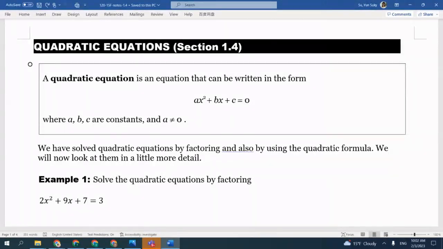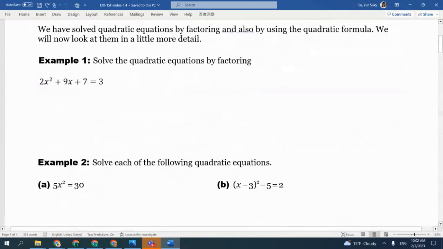We have solved quadratic equations by factoring and also by using the quadratic formula. Let's review. Have you seen quadratic equations before? You learned factoring and the quadratic formula before, so this is just a review. Let's solve it by factoring.